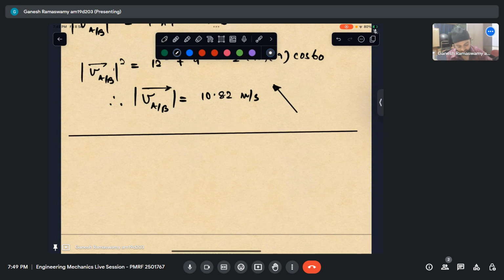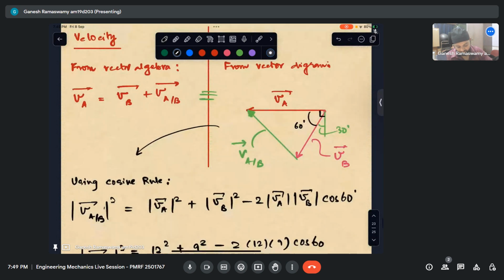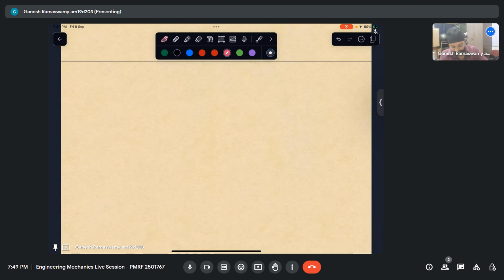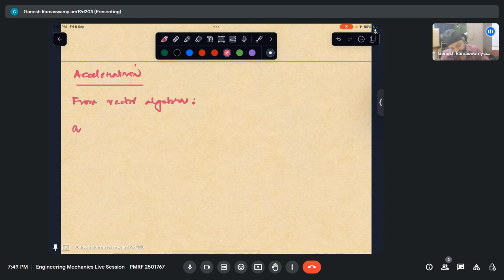For acceleration, from vector algebra, I know that acceleration of A is nothing but acceleration of B plus acceleration of A with respect to B. Graphically, how will we see this?